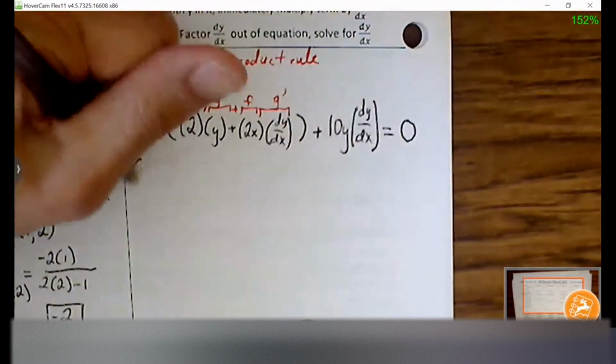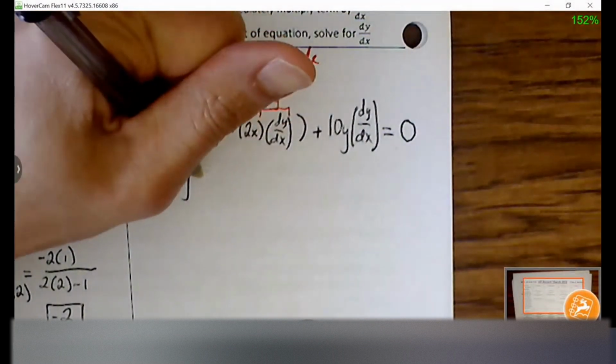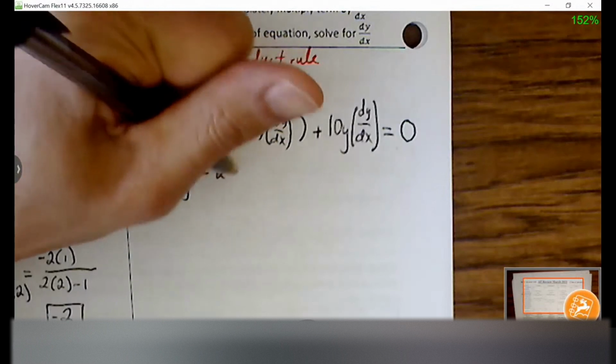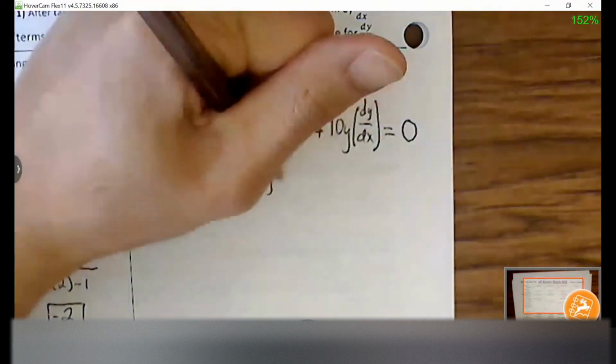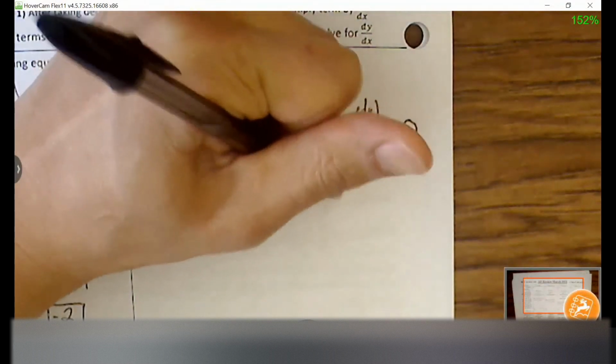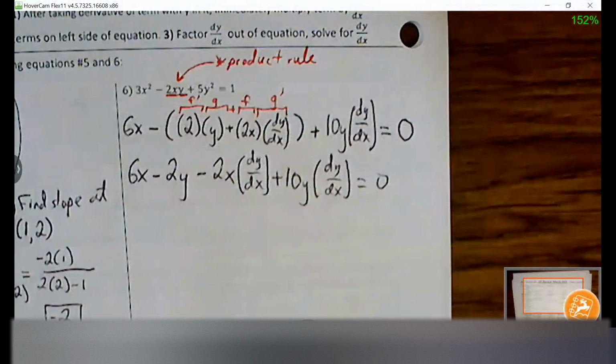Here's our cleanup stage. Distribute the negative through. I'm going to keep my dy dx terms on the left.